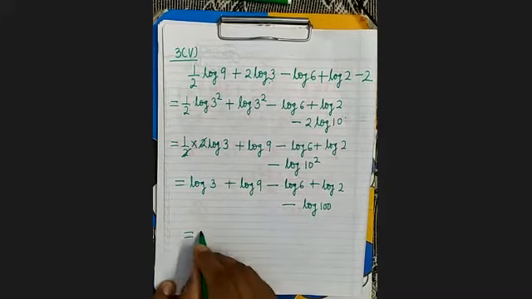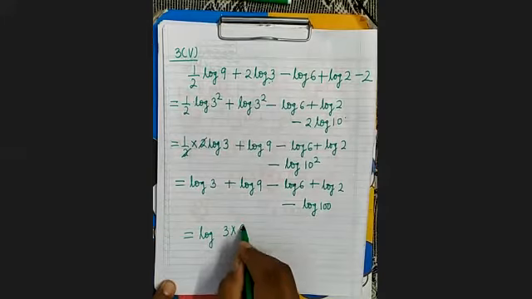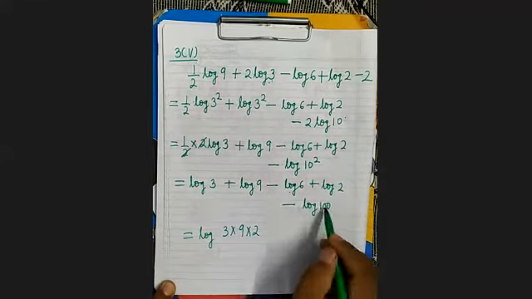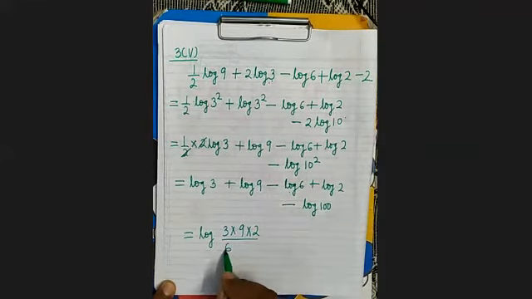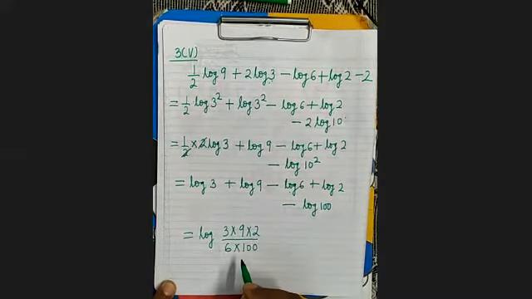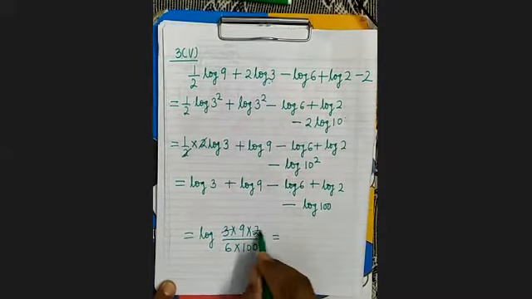So it will be equal to log 3 into 9 into 2, because these are with plus sign, and this one is with minus, so it will go into division. It's clear? So it will be equal to what? 3 2 ja.